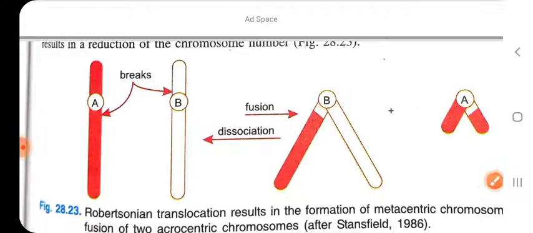Robertsonian translocation mostly can occur in 5 acrocentric chromosomes.